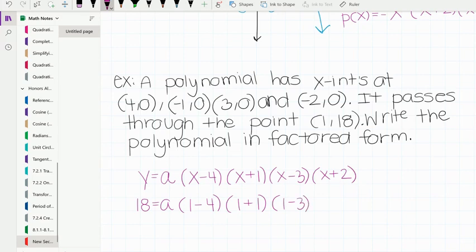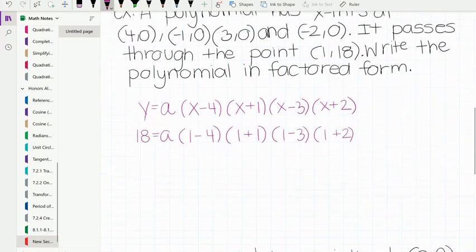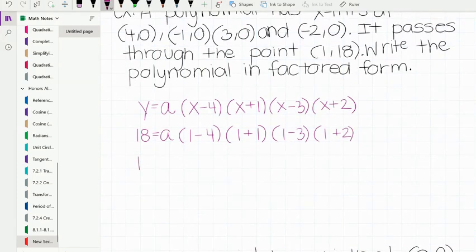So we plug in 1 everywhere we see an x, and then we're going to solve for a. This process should look familiar because it's just like what we did with parabolas when we did the rocket project. So this would be 18 equals a times -3 times 2 times -2 times 3. So we get 18 equals, we have -6 times -6, which would be 36a.